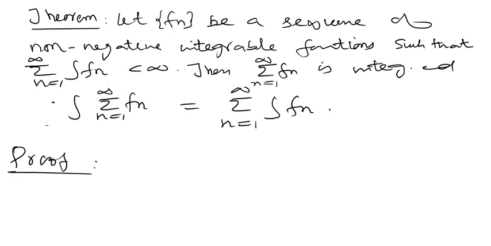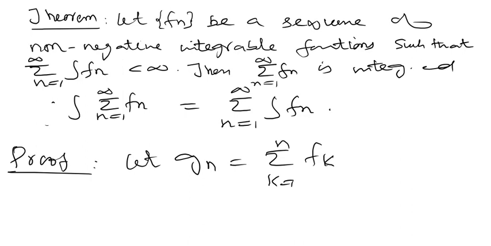So let's define G n as the summation, k runs from 1 to n, of f k. Then G n is integrable because a finite sum of integrable functions is again an integrable function, and it is also monotonically increasing because you are adding positive functions, as f n is a non-negative sequence. So g1 is f1, g2 is f1 plus f2.